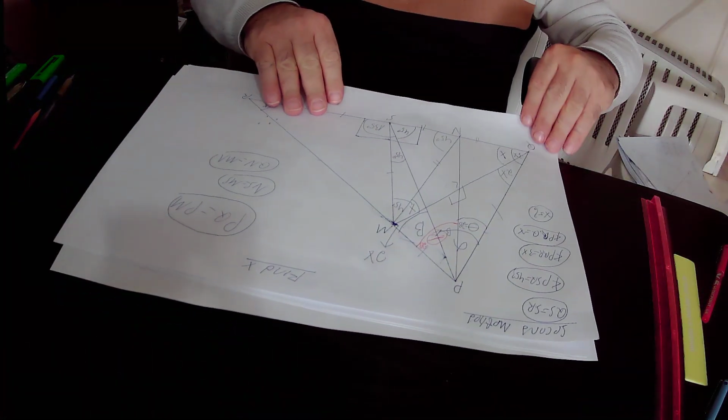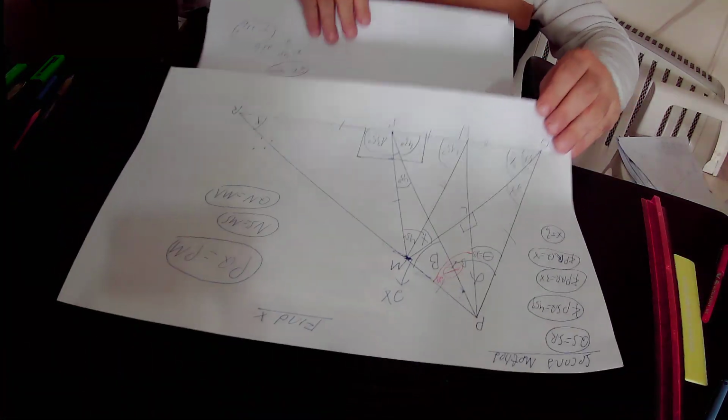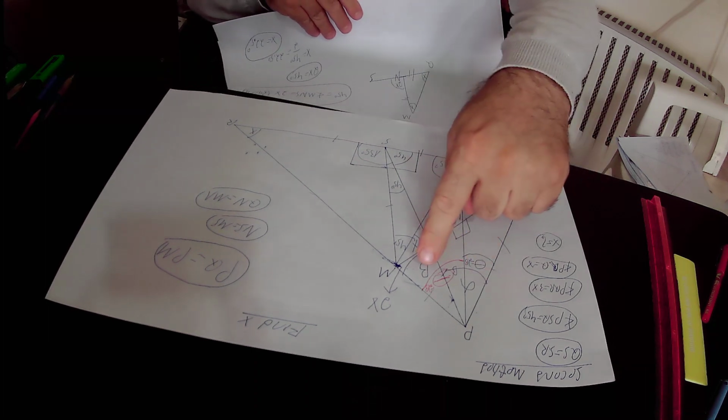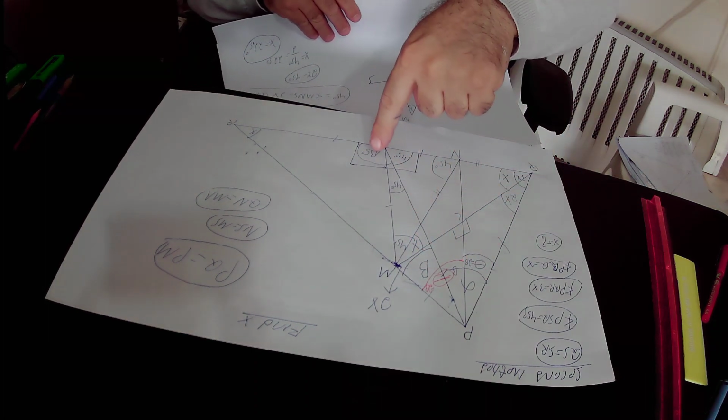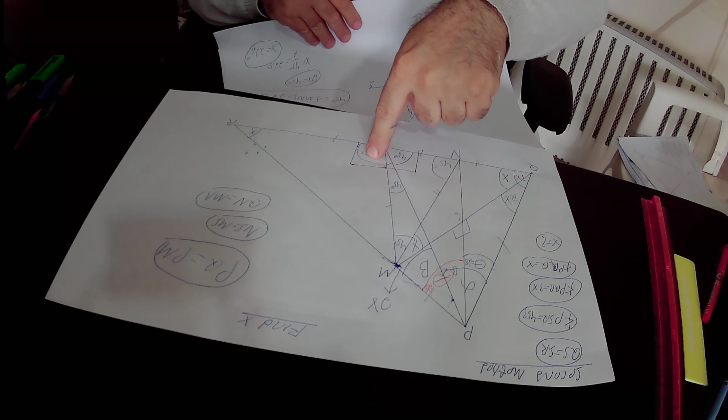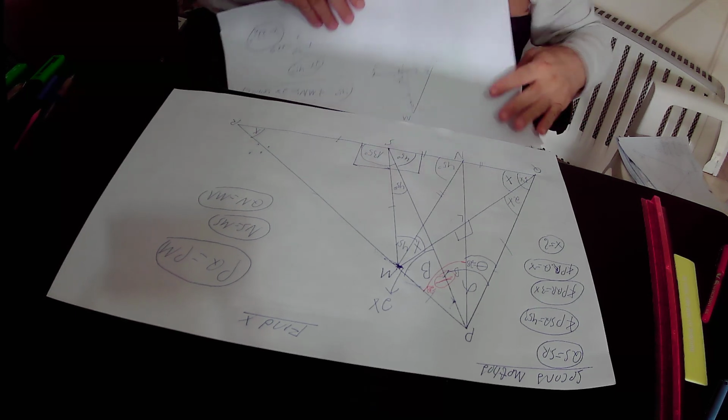In the second method, again we define this angle as alpha, this angle as beta, and we have already found out that this angle equals 135 degrees.